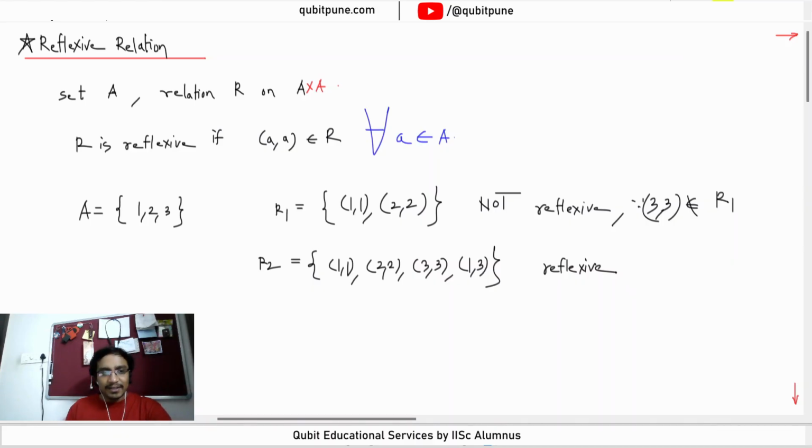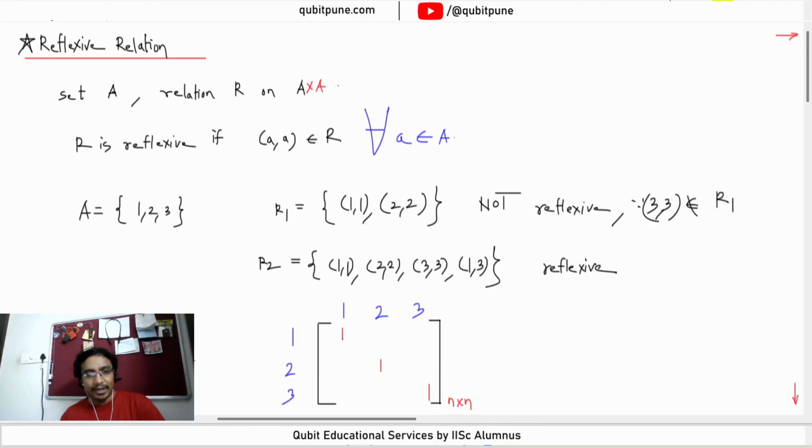Yes. There is a very nice way of representing reflexive relations using matrices. I need to build a square matrix whose number of columns and rows will be equal to the number of elements in the set. Suppose the first components are denoted here and the second components are denoted here. If a relation is reflexive, then the diagonal will always be 1 because (1, 1), (2, 2) and (3, 3) must be there.